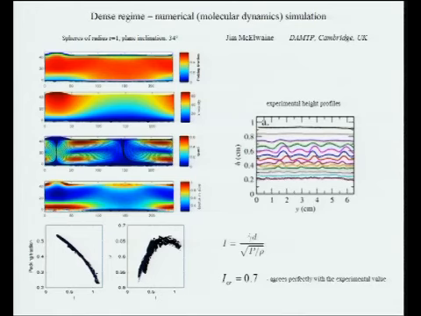And the more interesting stuff comes here. Here you got the inertial number. So you see very high shear, very high inertial number below this plug. And inside the plug, the velocity gradient goes down, and the inertial number is the lowest here.